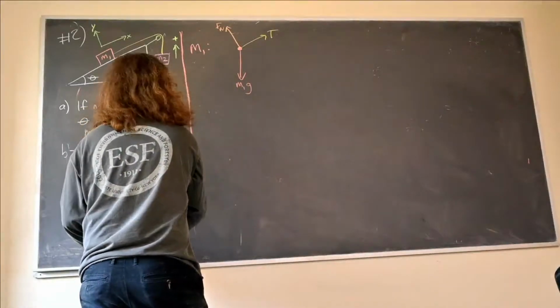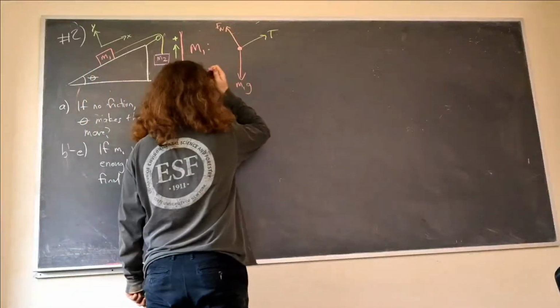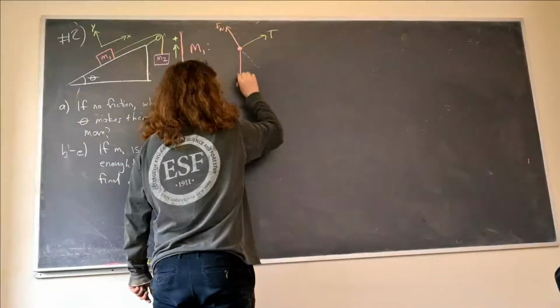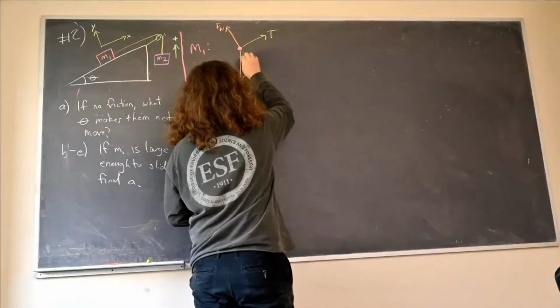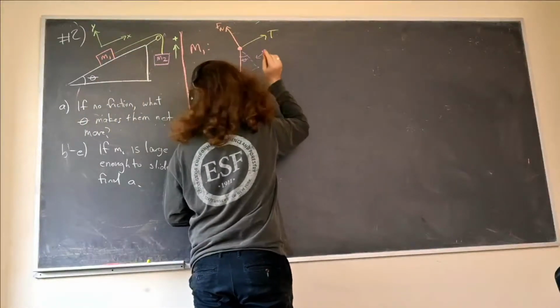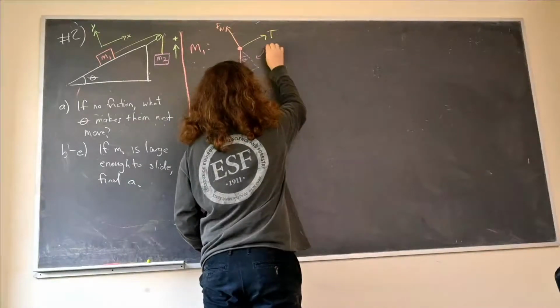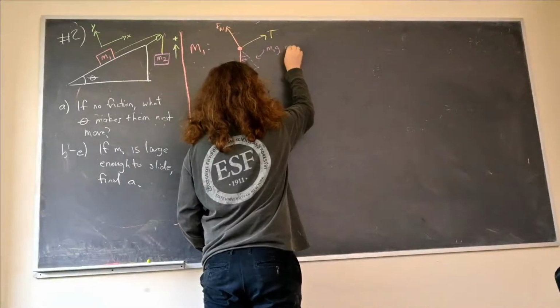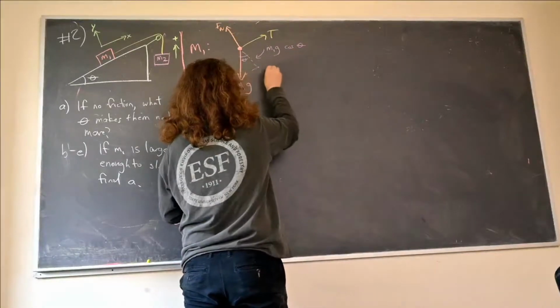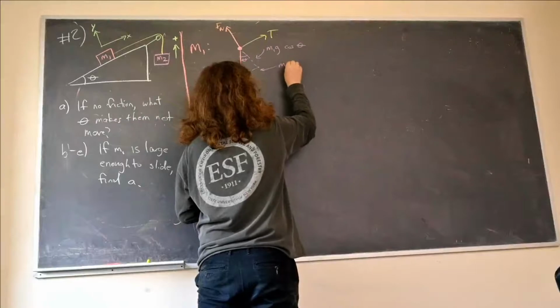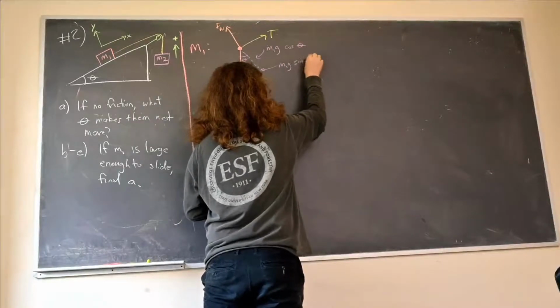The gravitational force we need to break into components. So this angle here is the same as theta. So this component is going to be m1g cosine theta. That component is going to be m1g sine theta.